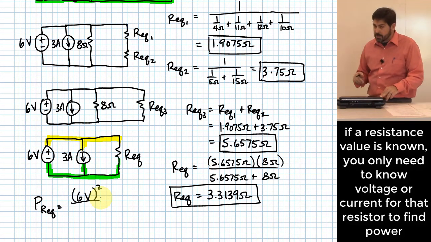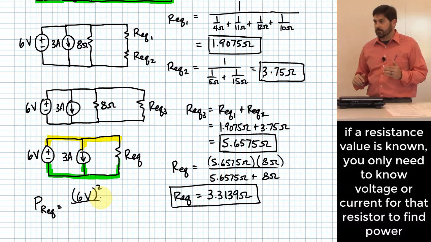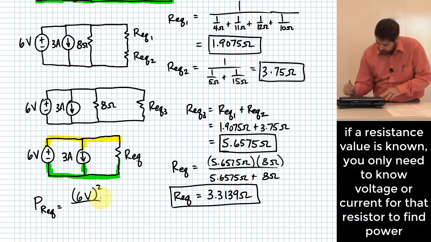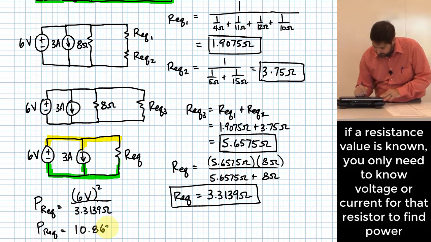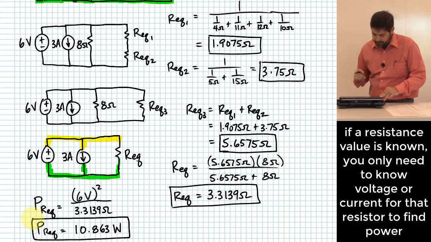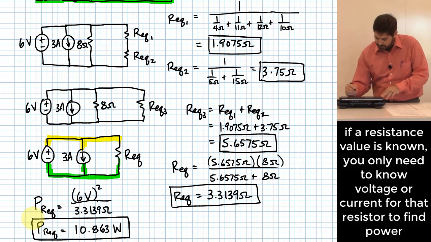Remember, the formula I'm using here is V squared over R. So 6 volts squared divided by REQ, which is 3.3139 ohms. And what that ends up giving me is 10.863 watts. And so that's the answer to part A.